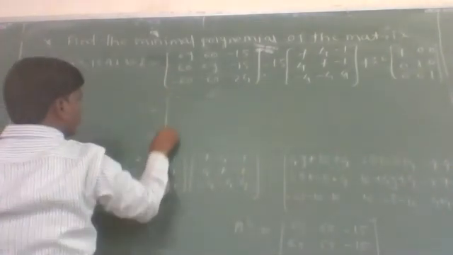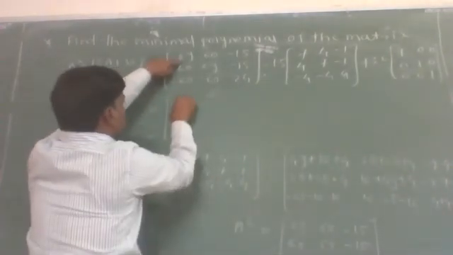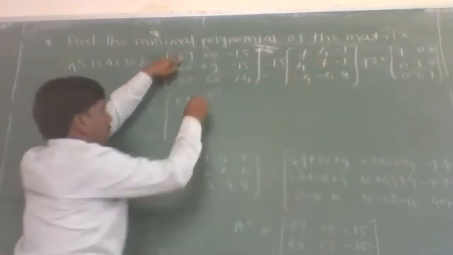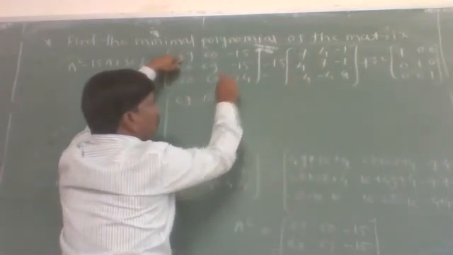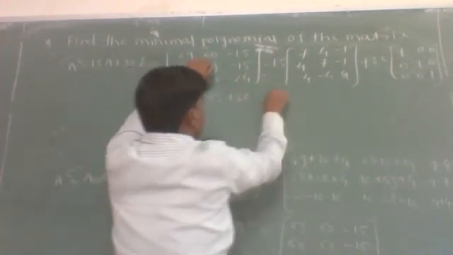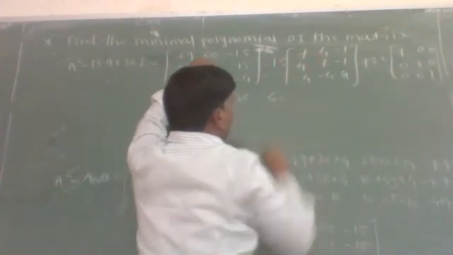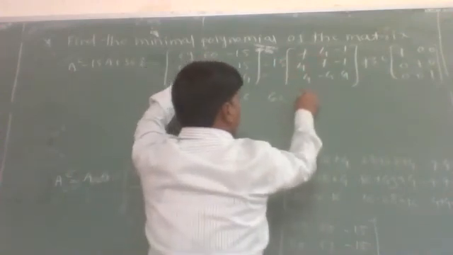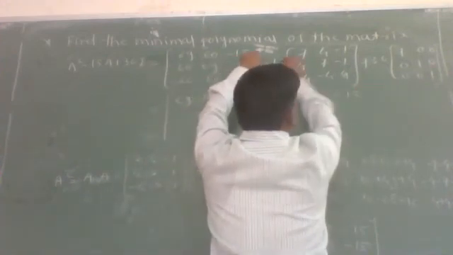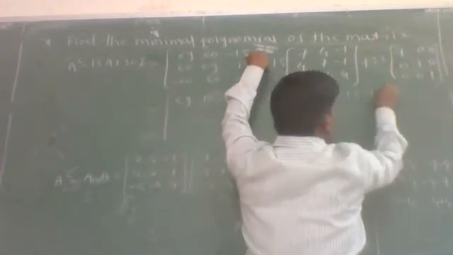Okay. Now, which is nothing but 69 minus 15 into 7, minus 105, plus 36. Okay. 60 minus 15 into 4, 60 minus 60. Again minus 15 into minus 1, plus 15.